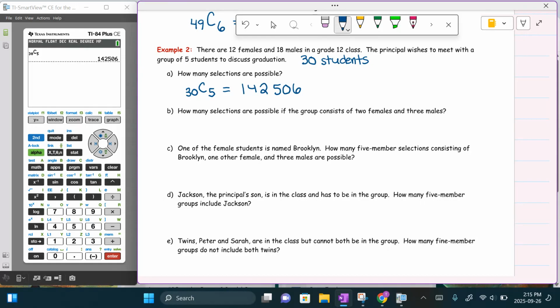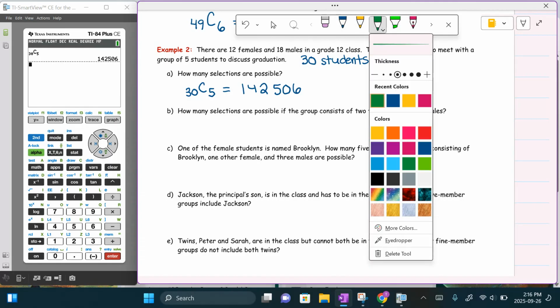All right, next one: how many selections are possible if the group consists of 2 females and 3 males? This is the scenario where I add restrictions, okay? So we deal with the females, and it doesn't matter which one you deal with first, males or females. We need 2 females. How many females can we choose from? 12.